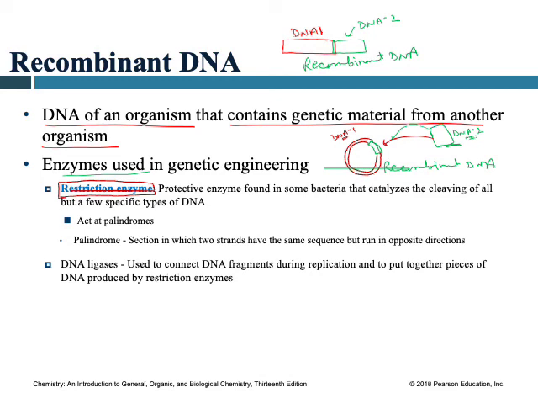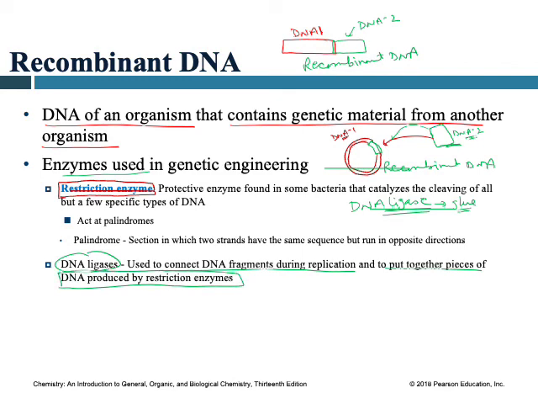So the glue of a cell is DNA ligase. DNA ligase is an enzyme that acts as a glue that joins two DNA molecules together, right? DNA ligase is used to connect DNA fragments during replication, or to put together pieces of DNA produced by restriction enzymes.